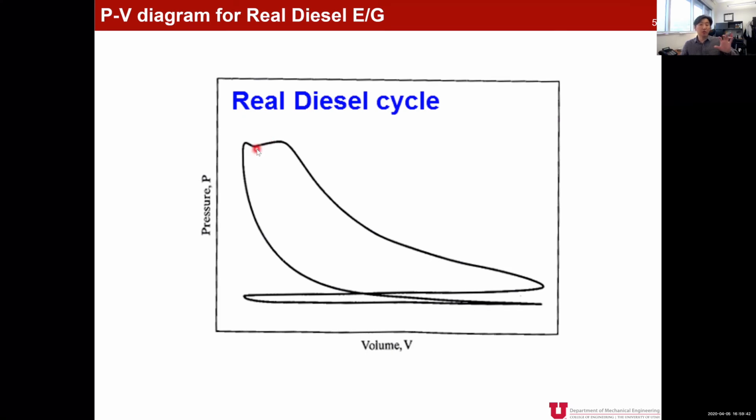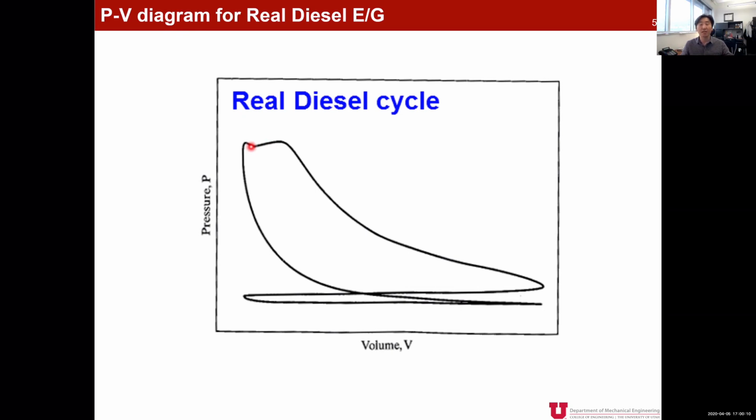Now, when you recall what we saw in the PV diagram of the real gasoline engine, we have a spark plug, and this spark plug helps the combustion process happen so quickly. So the combustion process essentially happens as a constant volume process. But in a real diesel engine, your air and fuel mixture is auto-ignited.